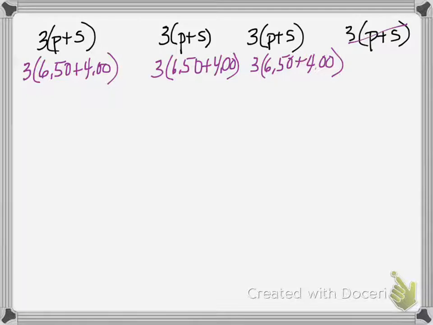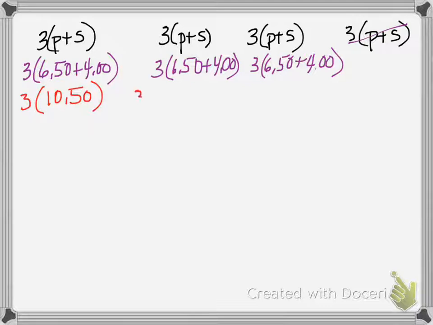But as a second step, what I actually did is I did the parenthetical part right there and got that out of the way, the $6.50 plus the $4. But what you could have done is distribute.